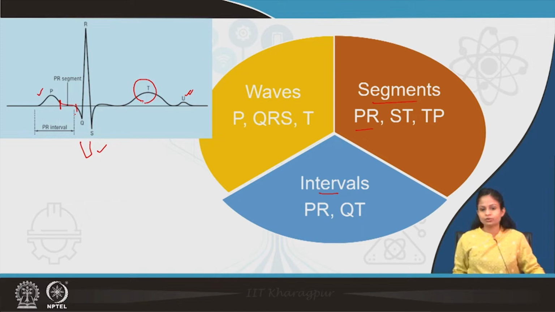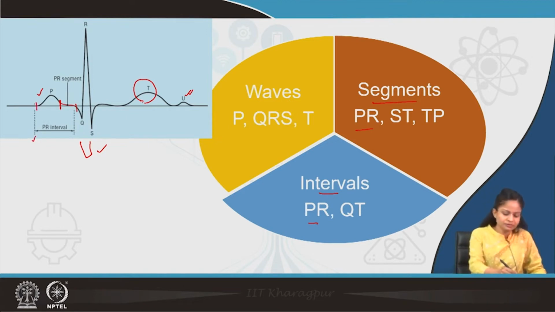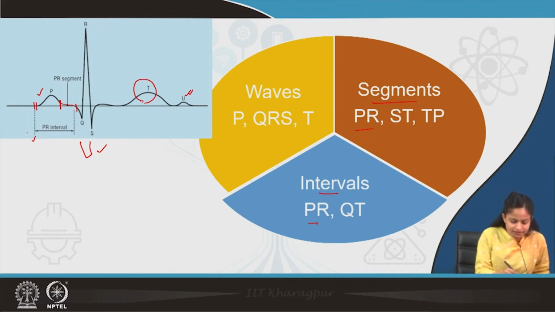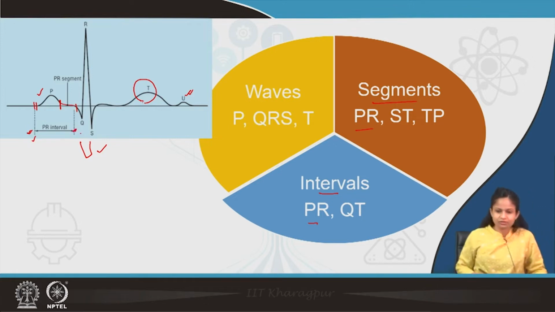Now, if we want to measure the PR interval, we have to include the P wave. That means from the onset, or beginning, of the P wave to the onset of the Q wave or R wave. As you can see here, this is the onset of the P wave and this is the beginning of the Q wave, or sometimes the R wave if the Q wave is not present.